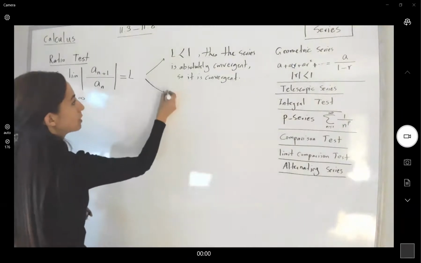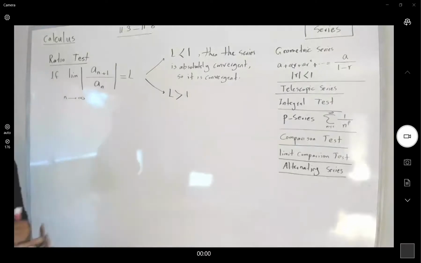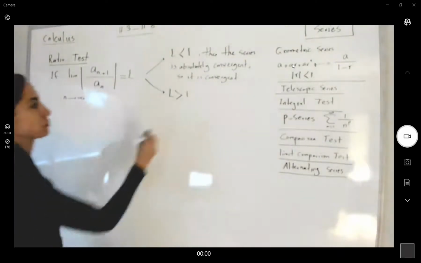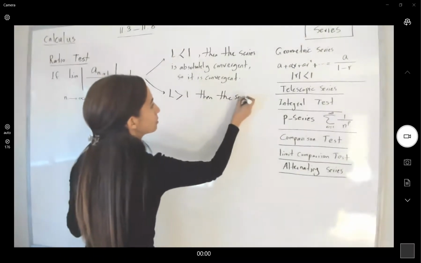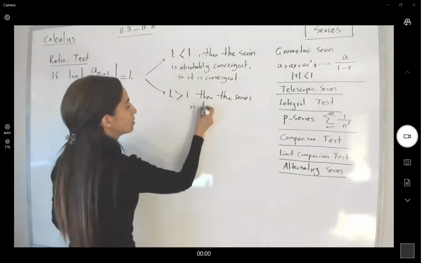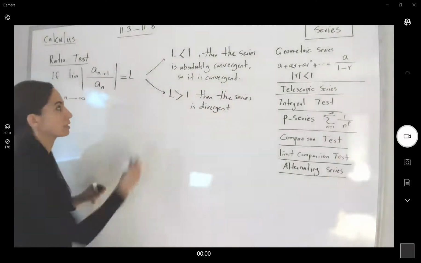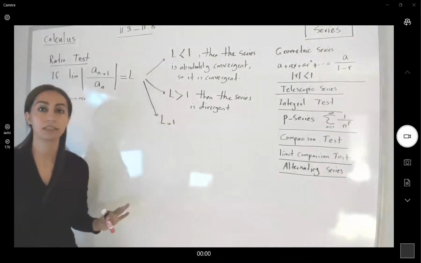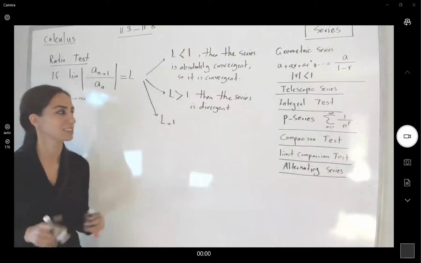If the limit is larger than 1, then the series is divergent. The third case is if L is equal to 1. In this case, this test doesn't work for the series.